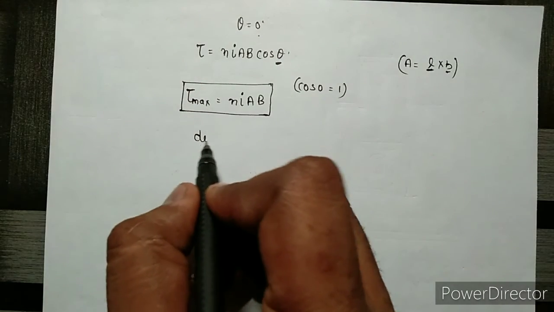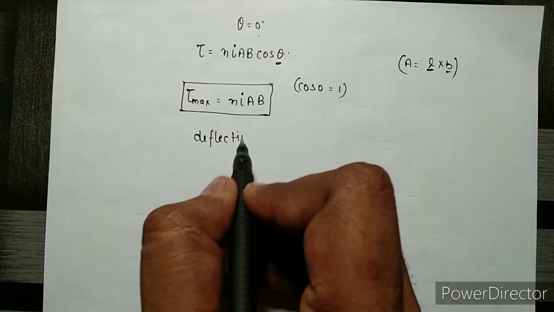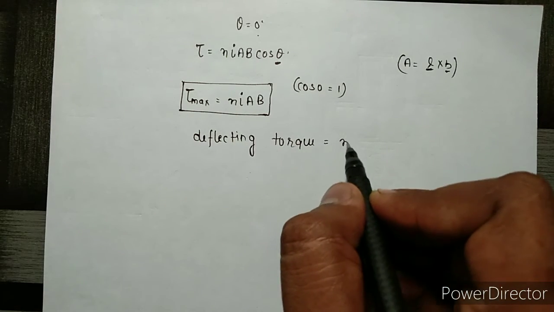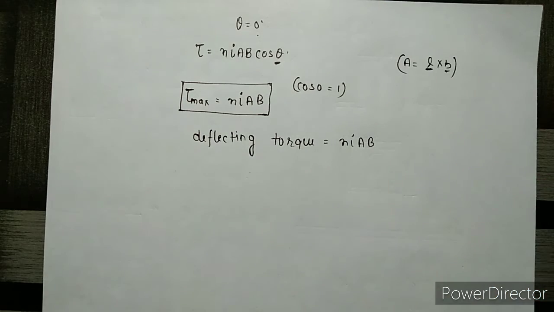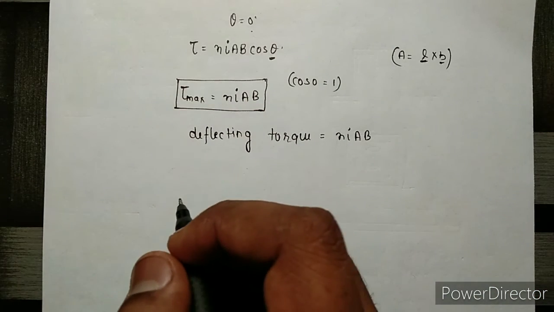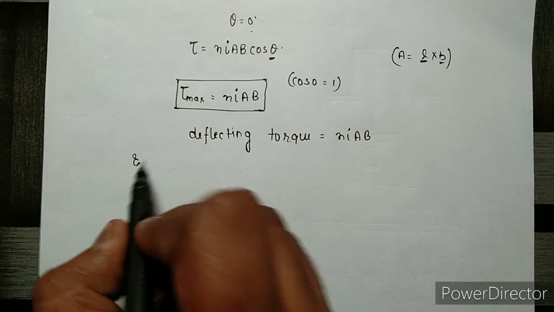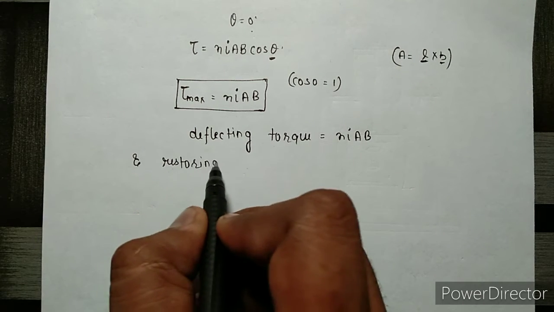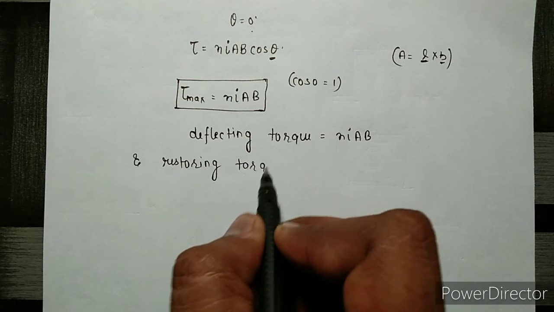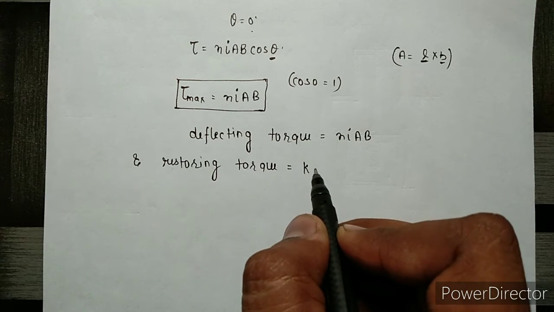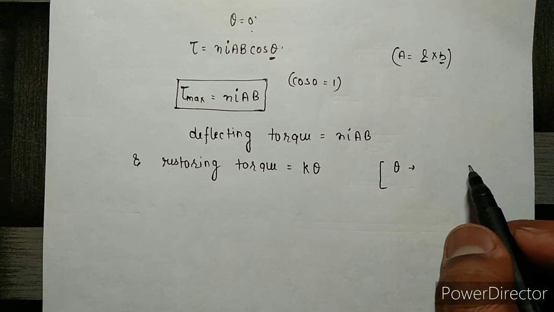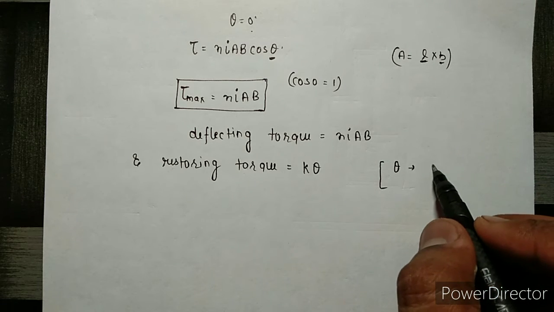So the deflecting torque is NIAB, and the restoring torque is given by K theta, where theta is the angle of twist.